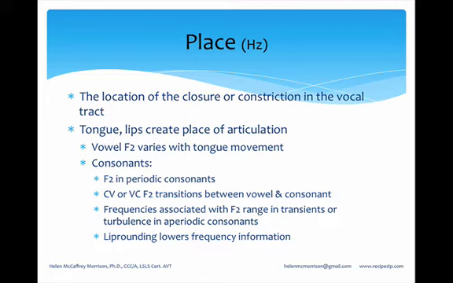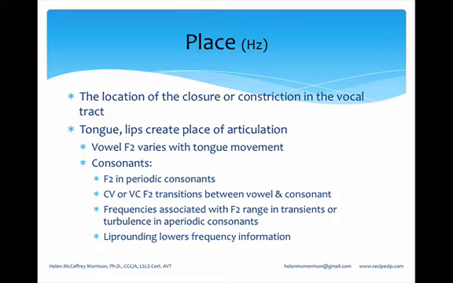When the tongue moves forward, F2 is higher. When the tongue moves back to create back vowels, F2 is lower. Something similar happens with consonants. It's a little less predictable, but for example, in consonants that are periodic, where we'll really be paying attention to the formants, the second formant frequency in those formants give us some clues about place of articulation.